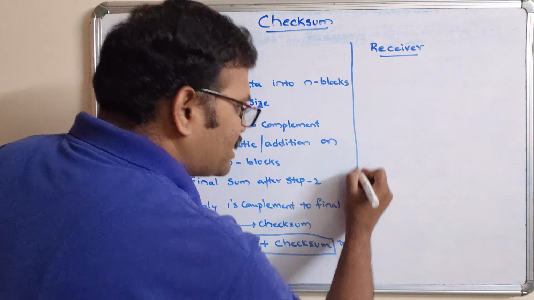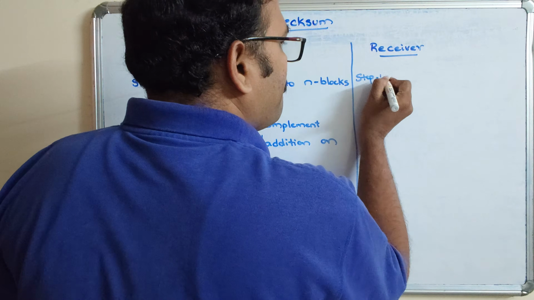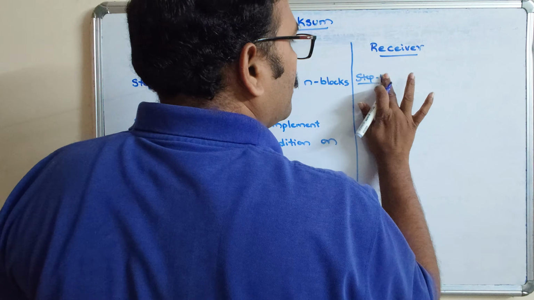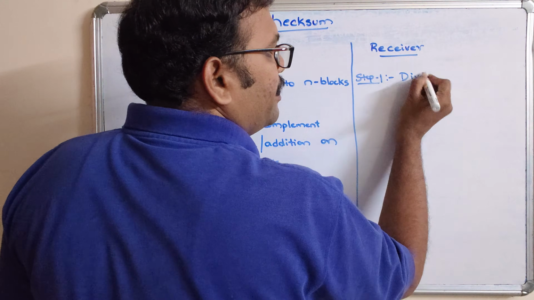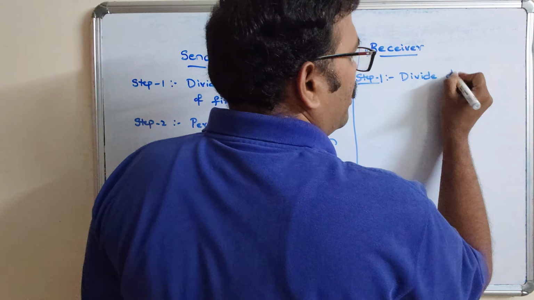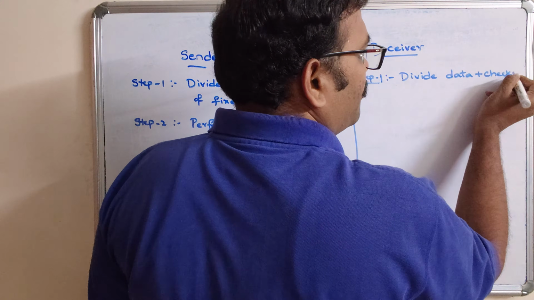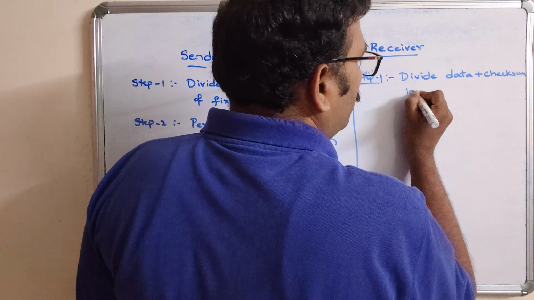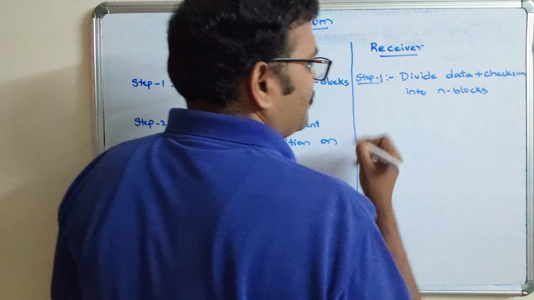At the receiver side, what is step one? Again the same: divide data plus checksum into n blocks. This is also of fixed size.